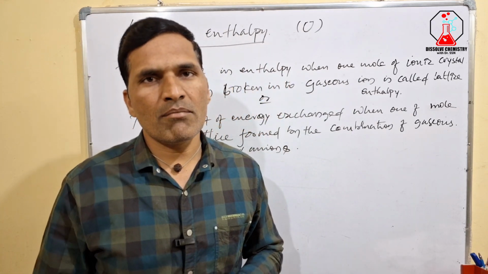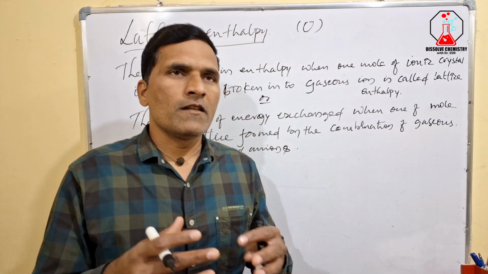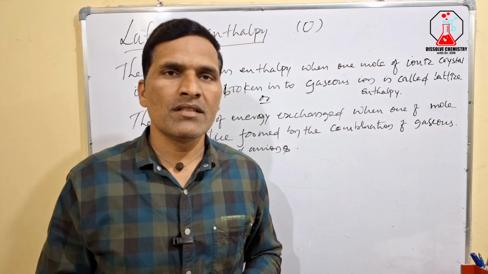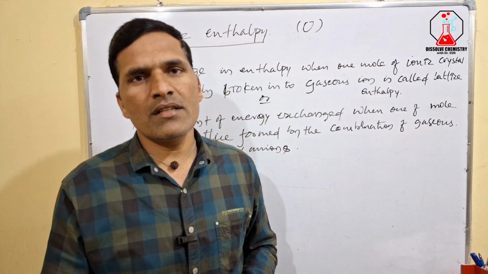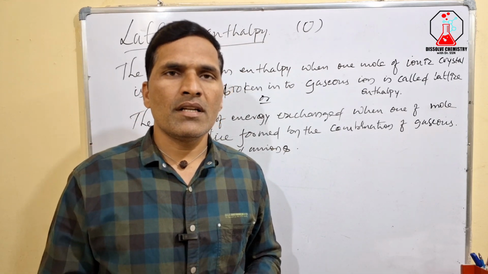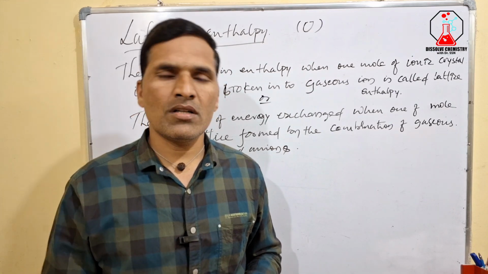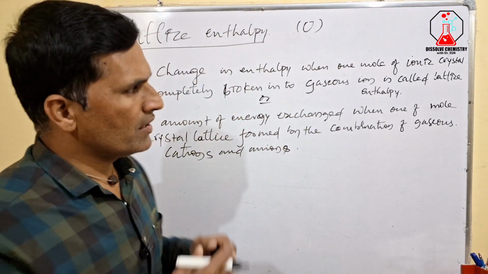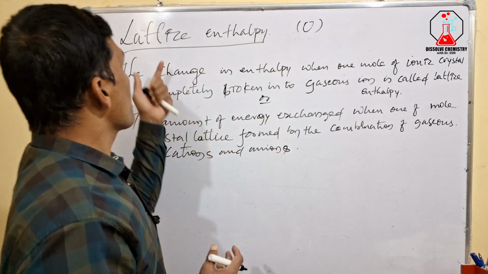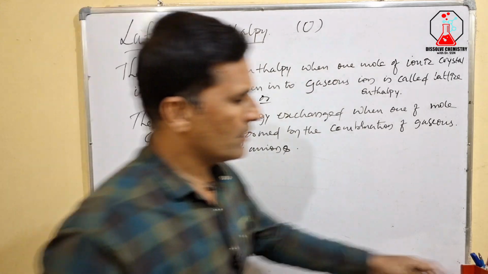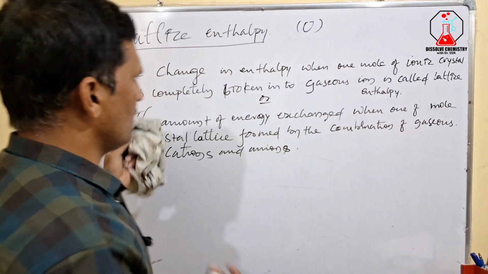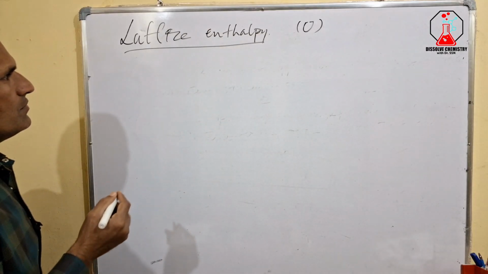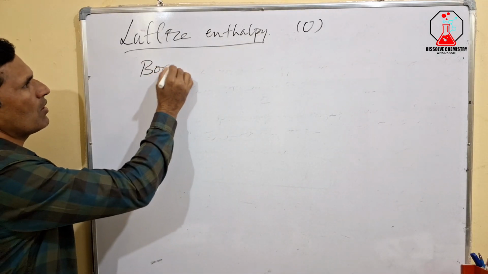What it implies is that the overall change in enthalpy of a reaction, whether it occurs in a single step or in multiple steps, is always the same, or constant. So, for example, we will design this Born Haber cycle to calculate lattice enthalpy. Let us take one example and illustrate that. See here, next you write the heading Born Haber cycle.